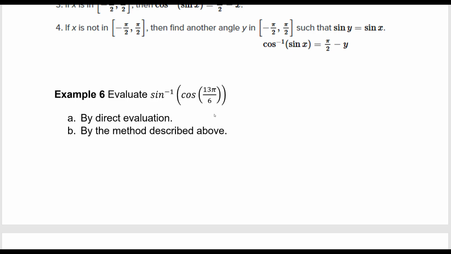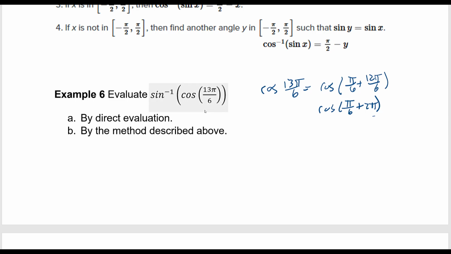So we're going to evaluate sine inverse of cosine of 13 pi over 6. Cosine of 13 pi over 6 is like saying cosine of pi over 6 plus 12 pi over 6, which is cosine of pi over 6 plus 2 pi.